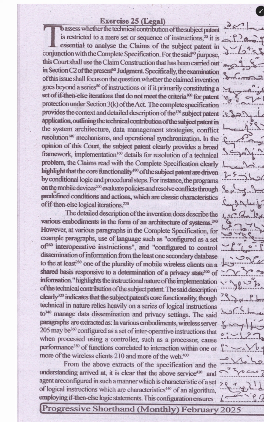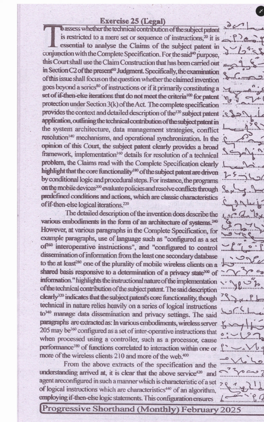To assess whether the technical contribution of the subject patent is restricted to a mere set or sequence of instructions, it is essential to analyze the claim of the subject patent in conjunction with the complete specification. For the said purpose, this court shall use the claim construction that has been carried out in section C2 of the present judgment.